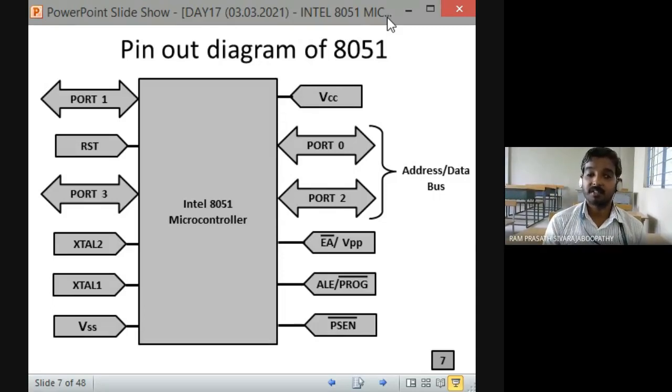They have designed in such a way that 2 ports can be used as address data bus. Yes, we can use the remaining port, correct, very good Anthony Surya. Port 3 pins are going to perform those alternate functions. Those can be used for doing the alternate function that we will discuss later.